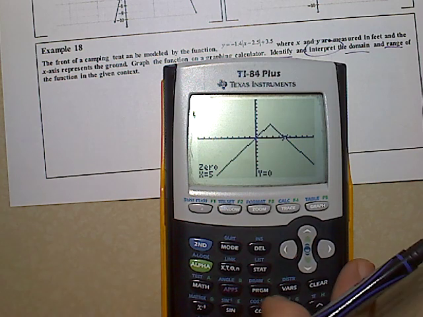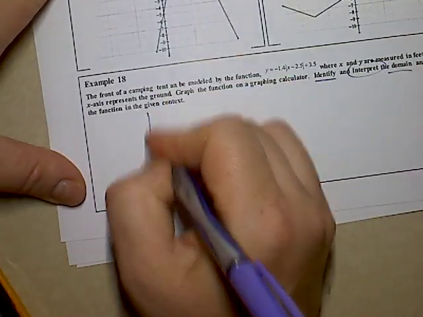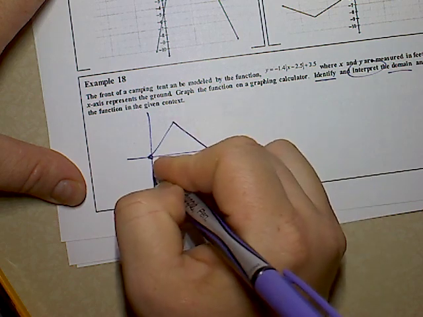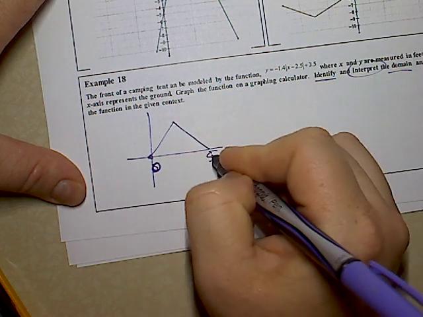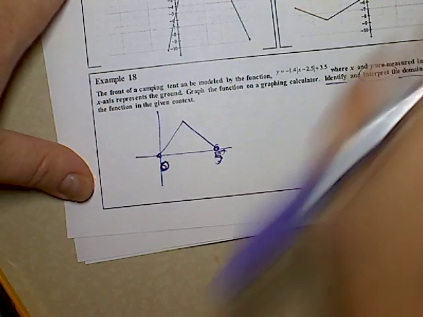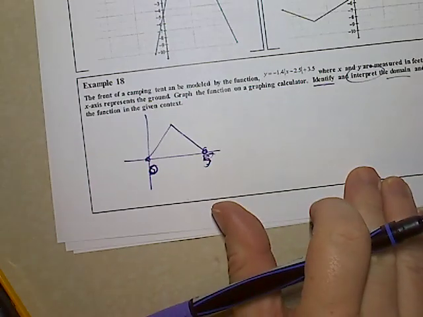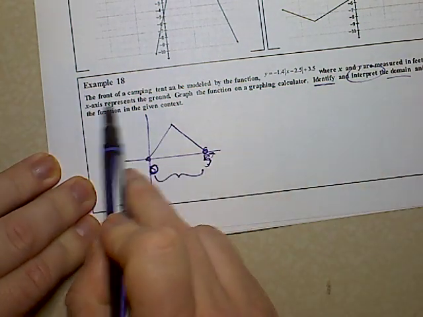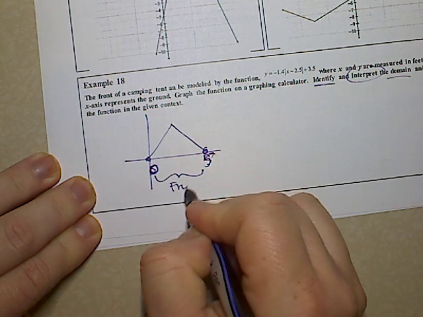Okay, so let's draw a little picture, please. Draw a little picture. No extra talking, please, as we go through this. Thank you. So it says at the front of the camping tent, this is the front of the tent.